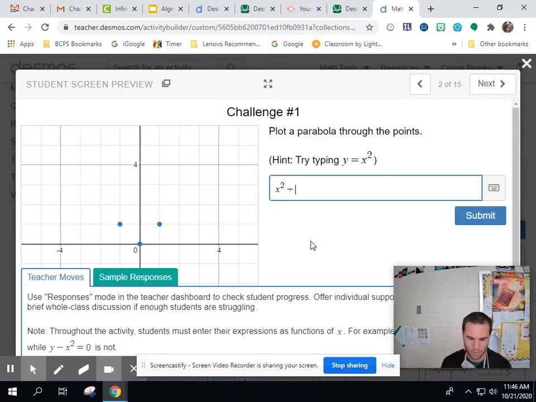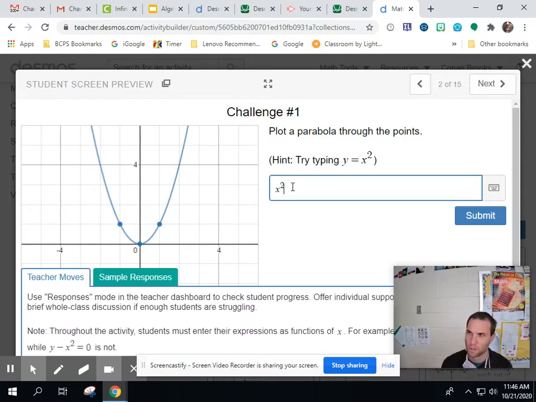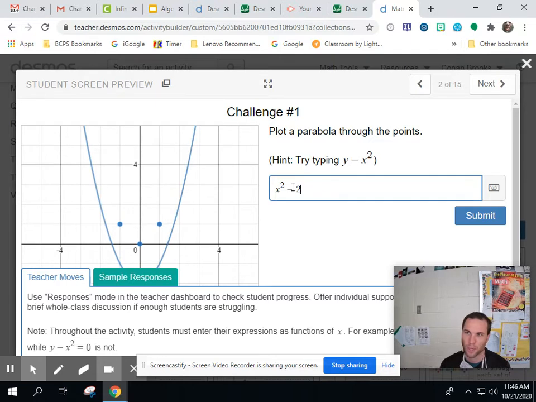First, you can add to it. Like if you add 5 to it, you'll see it moves it up 5. Or if you subtract 2 from it, you'll see it moves it down 2. Okay. So that's one way. You can move it up or down by adding or subtracting something on the back end of it.